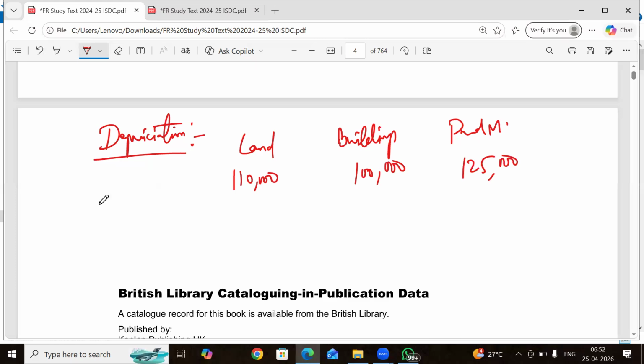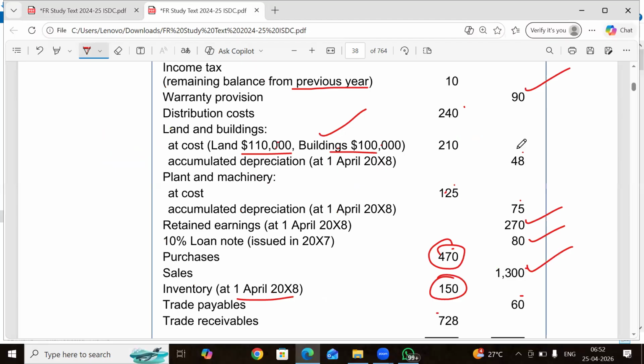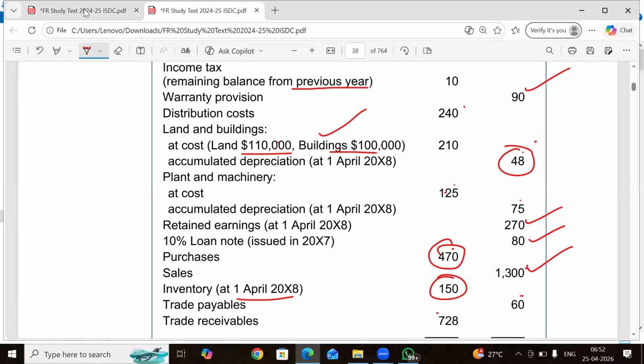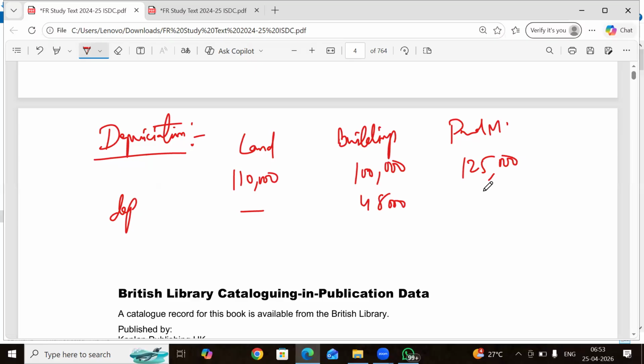We will remove the accumulated depreciation from the building element. It won't get depreciated. 75. Accumulated depreciation is nothing but till now the depreciation of the asset. Till now the asset has got depreciated by this much.